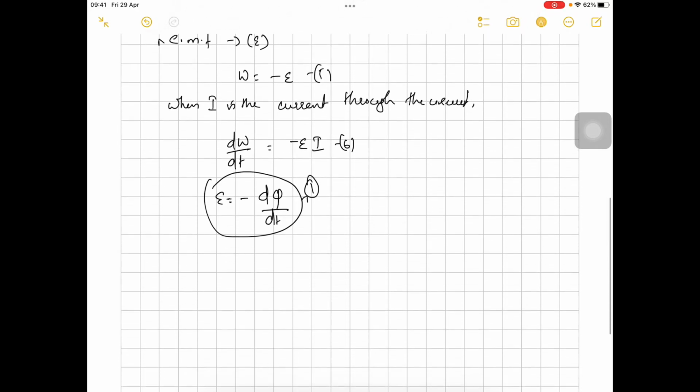Substitute equation number 1 in 6, then dW by dt can be written as d phi by dt into I.